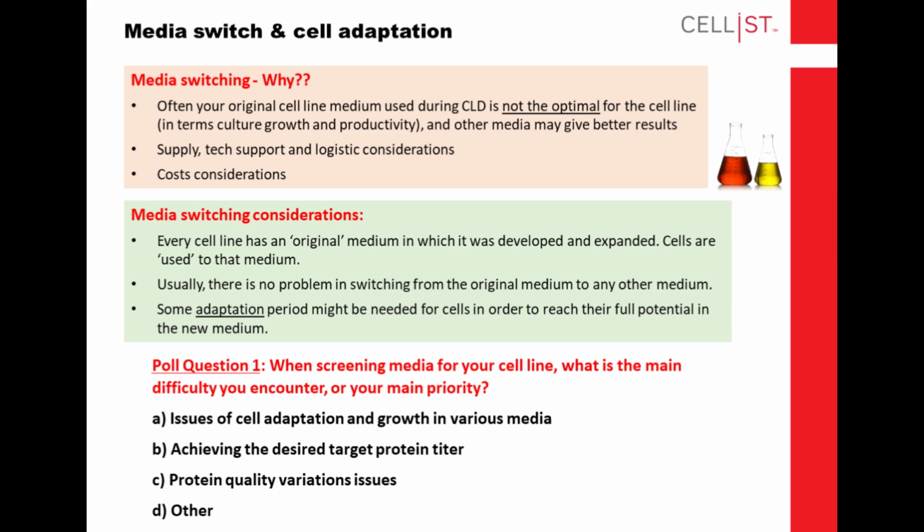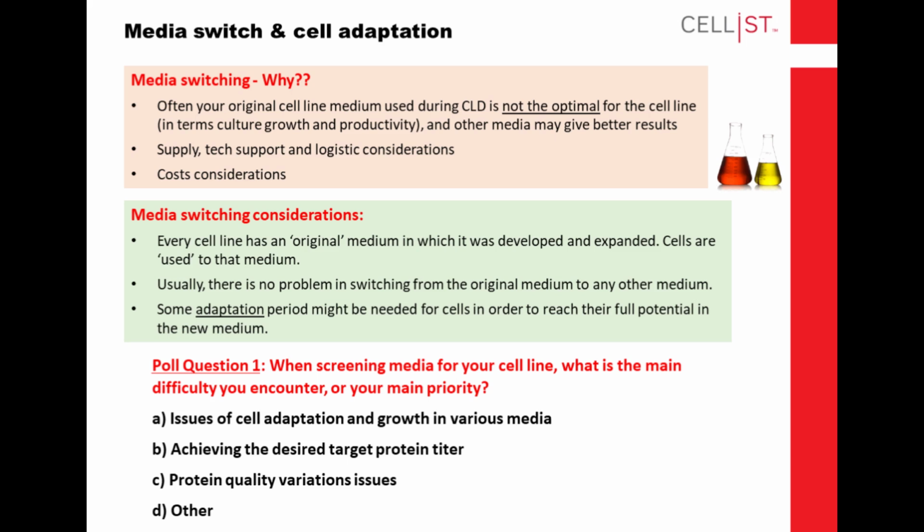So here I would like to throw a question to you, the audience. If you are performing some kind of media screening on your cell line, what is the main difficulty that you encounter, the main issue that you care about or that troubles you, or your main priority for the switching?